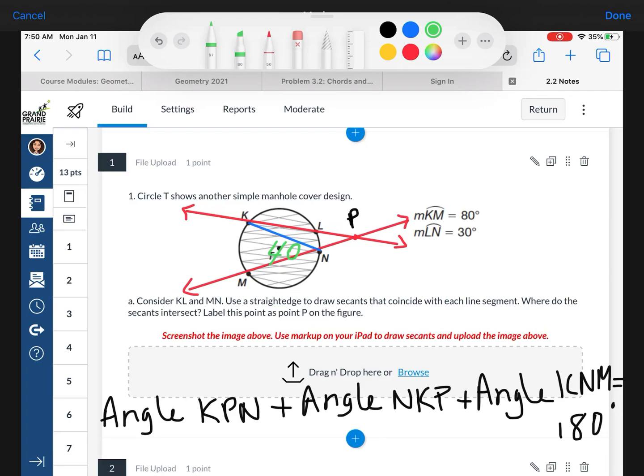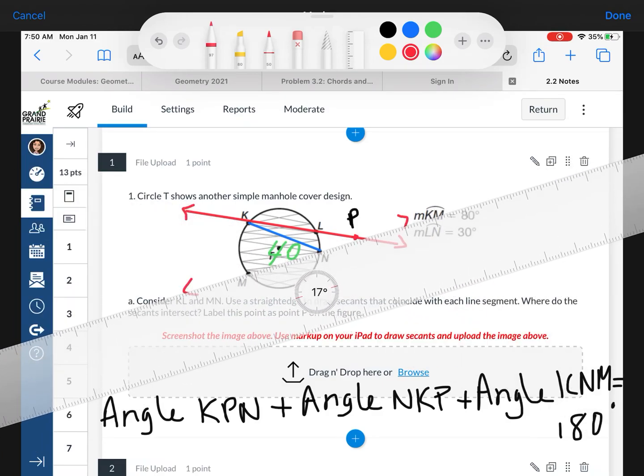If that's 40 degrees, then what kind of angles do those form? Those angles are supplementary. Remember that from last semester? They add up to 180. So therefore, this angle, I keep erasing the picture.